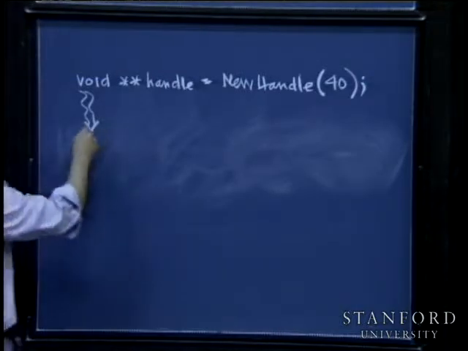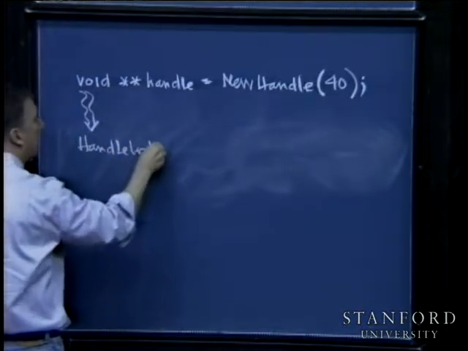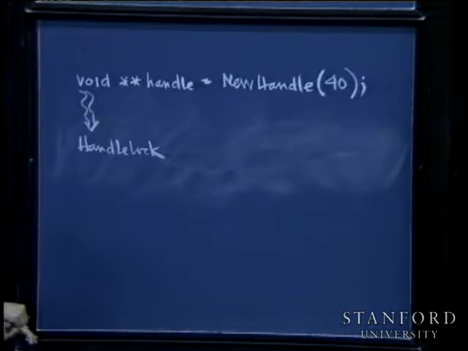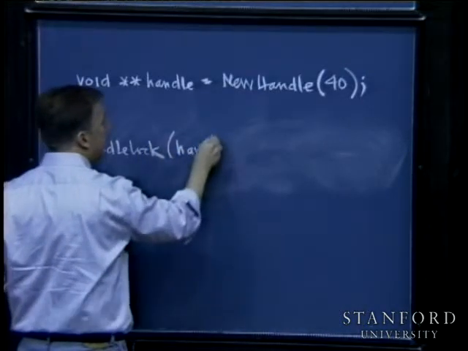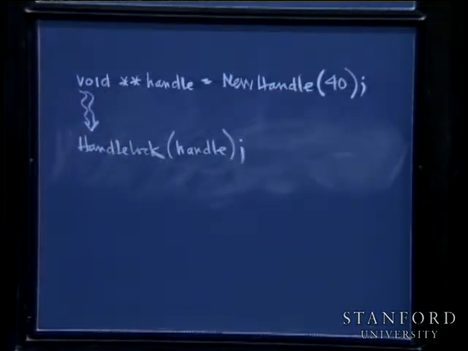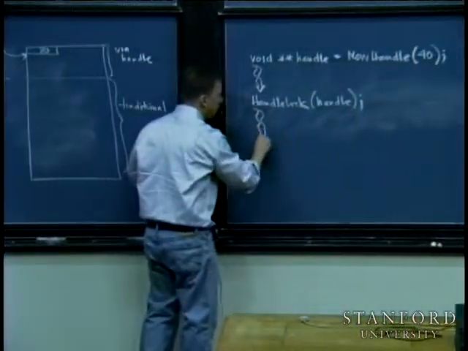So you would do something like this, HandleLock, which basically puts safety pins on all the blocks in that upper fourth of the diagram, and you say, you can move everything else around, but you better not change the pointer that's maintained in this table that's addressed by my handle, because I'm going to be annoyed if you do, because I'm about to manipulate it right here.